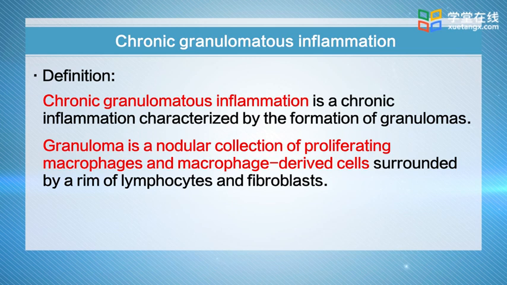Older granulomas have more fibroblasts in their peripheral areas. Healing of granulomas is accompanied by fibrosis that may even result in organ dysfunction in some diseases, such as tuberculosis and silicosis.